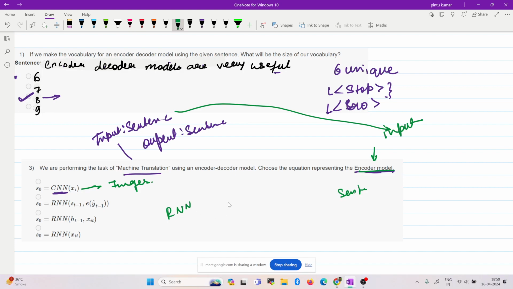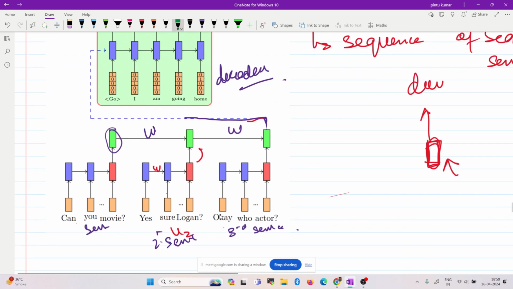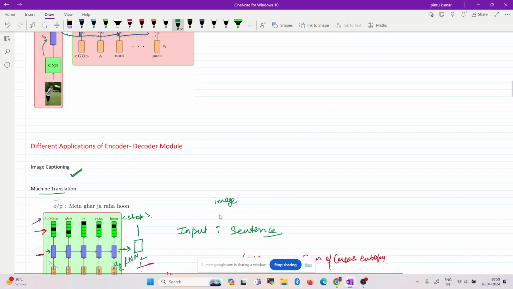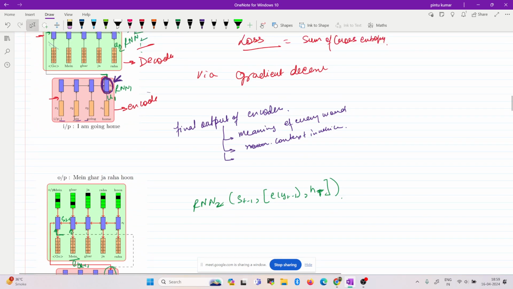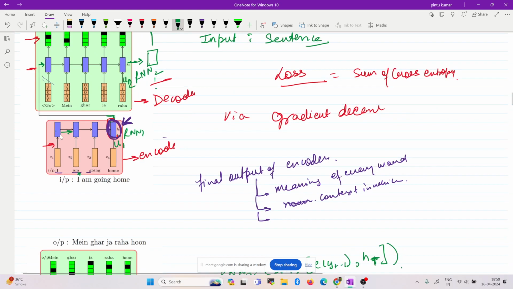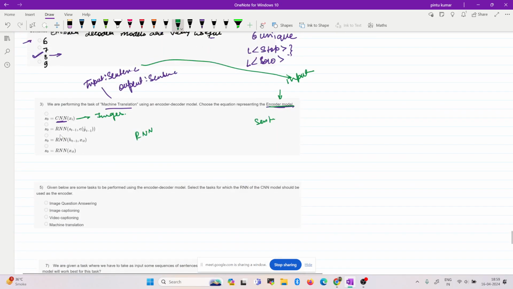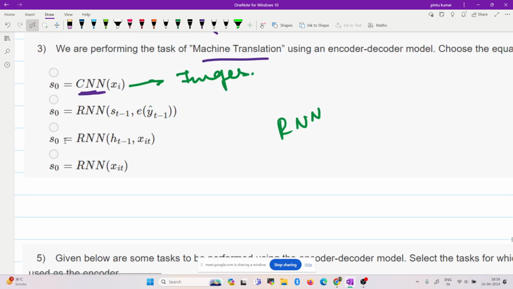And in encoder, I'll just scroll up a bit. For example, you have different words as an input, and you will have the earlier states that are coming. So what should be the input to your RNN? Input to your RNN should be HT minus 1 and XIT at that particular step, right?